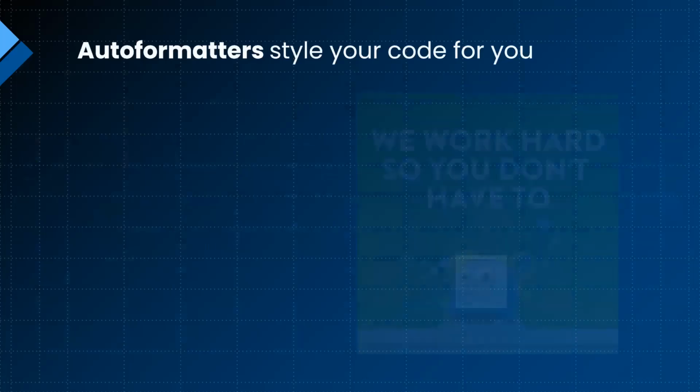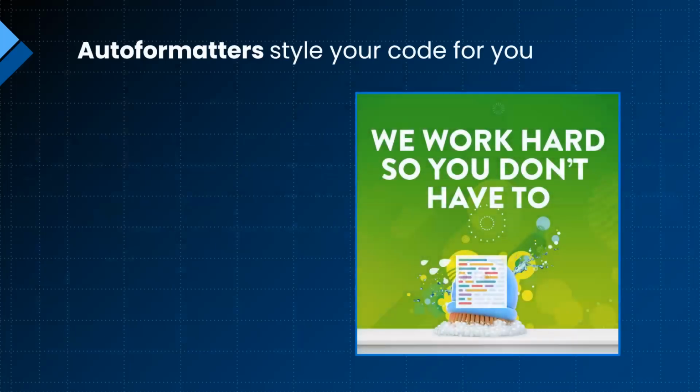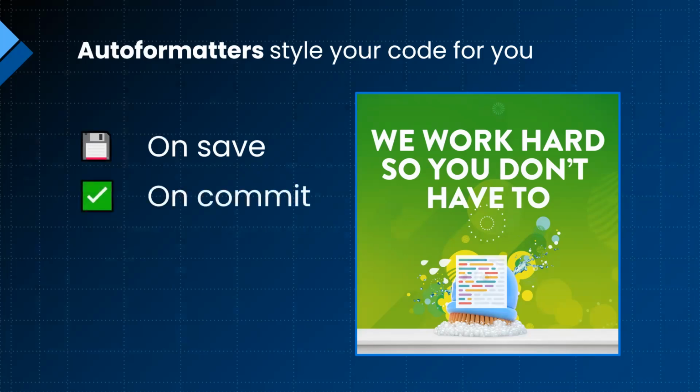Now, the most popular one is Prettier. Style guide auto formatters will automatically style your code at certain points. So you can have it style your code on save. You could type something up, hit save in your editor, and the auto formatter will run and fix your code up for you. You can also have it run on a pre-commit script.